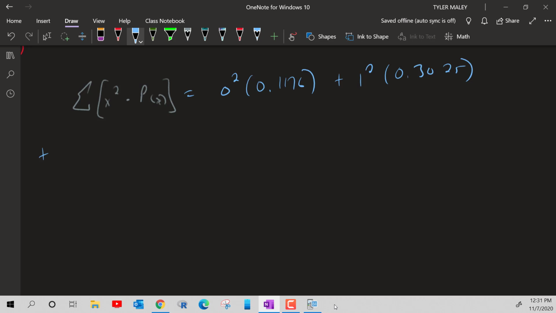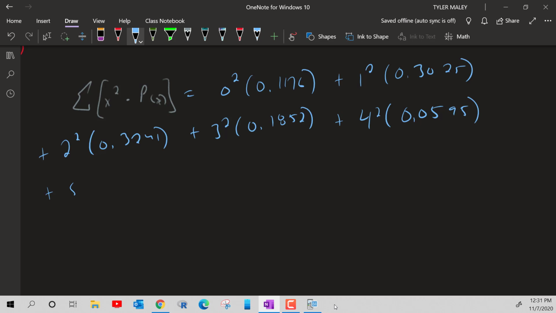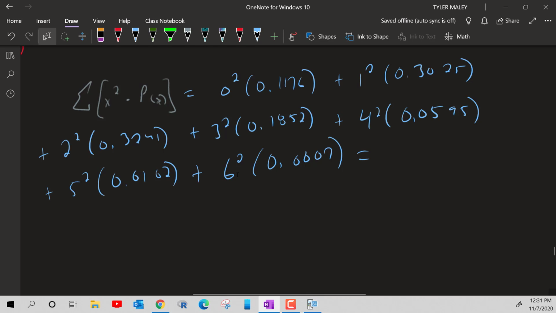So this would be 2 squared times 0.3241 plus 3 squared times 0.1852 plus 4 squared times 0.0595 plus 5 squared times 0.0102 plus 6 squared times 0.0007. So we need to figure out what that value is.